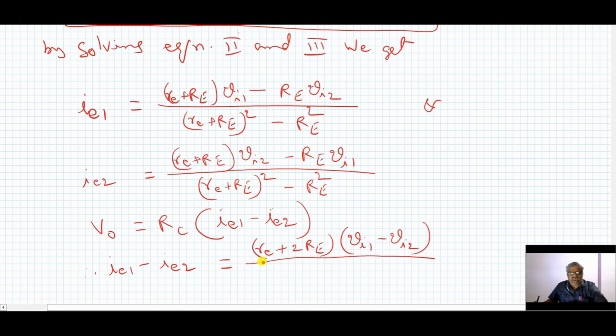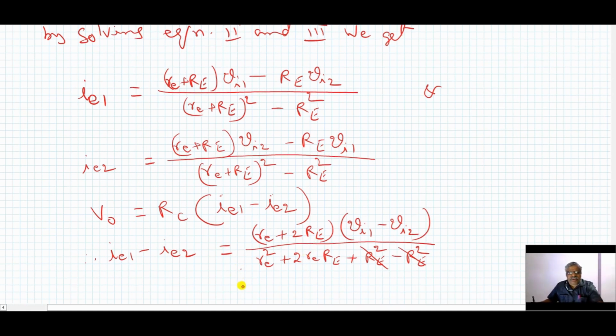If we expand this square, we get an expression like this: small re square plus 2 small re capital RE plus capital RE square minus capital RE square. So these two will cancel out. So in the denominator you can take re common. Then this becomes re into re plus 2 capital RE. In the numerator also there is re plus 2RE. These two will cancel each other.